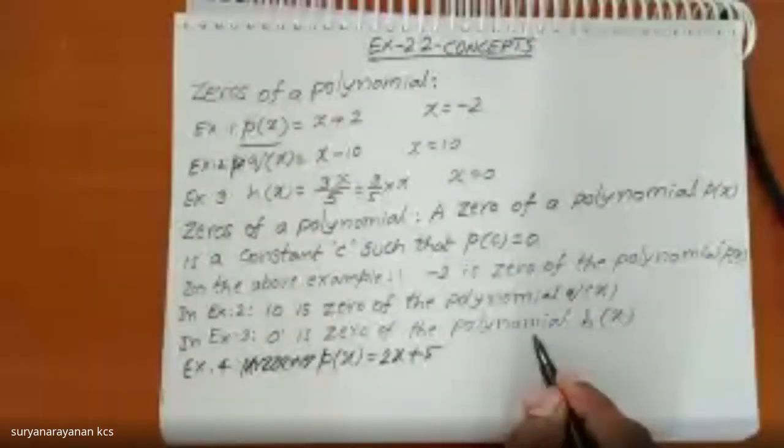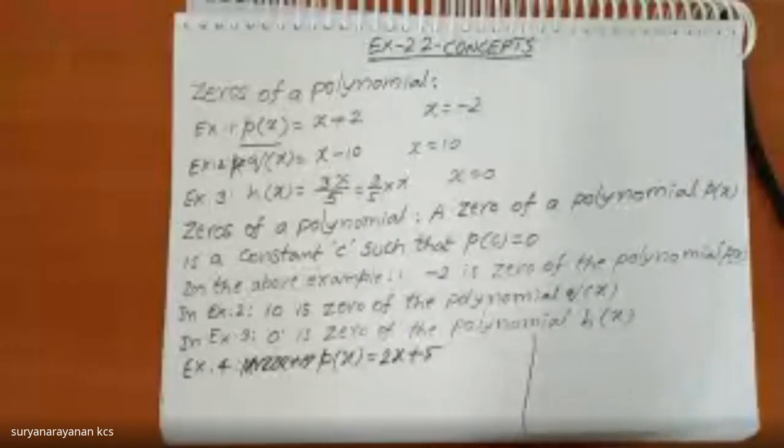So minus 5 by 2. Yes. How did you get minus 5 by 2? Tell me, Bibina. Sir, I took the constant one side and the x variable the other side. Okay. What you have done in your mind, I will tell you here.